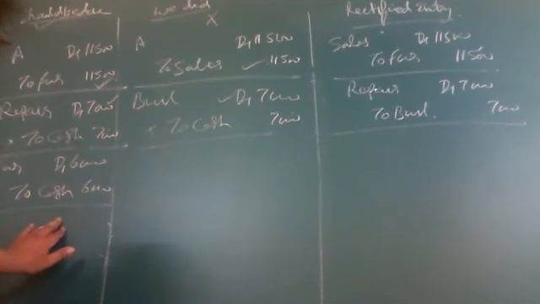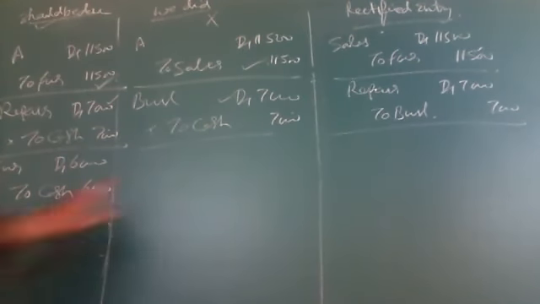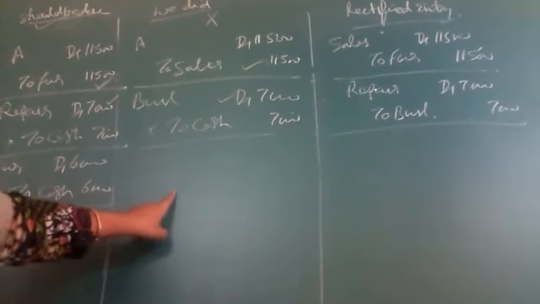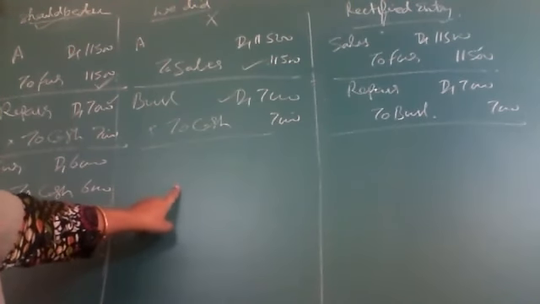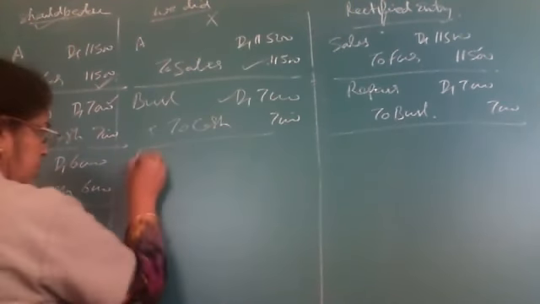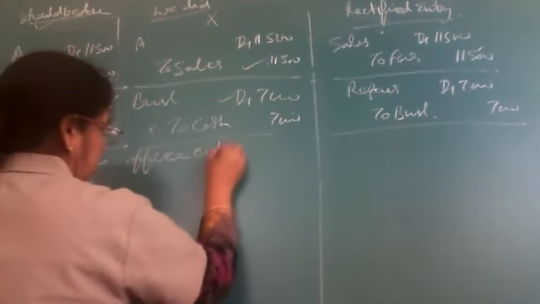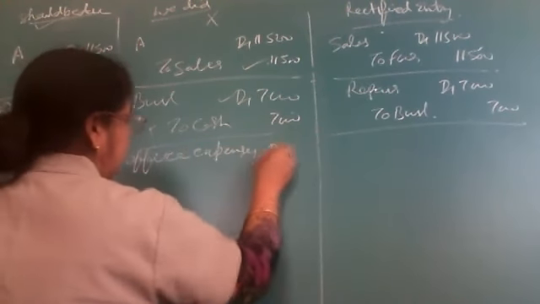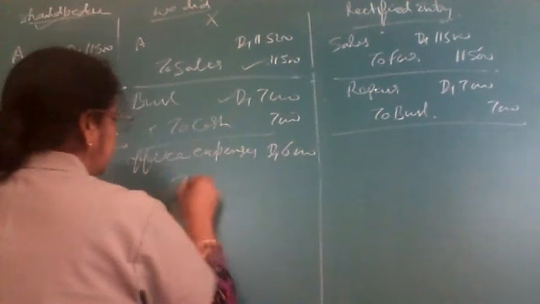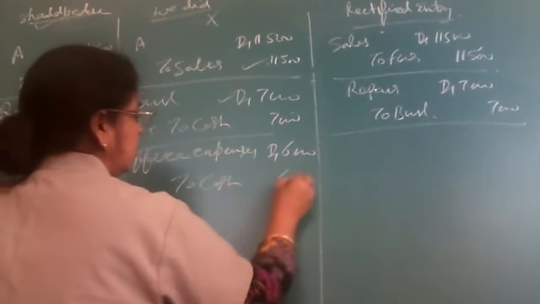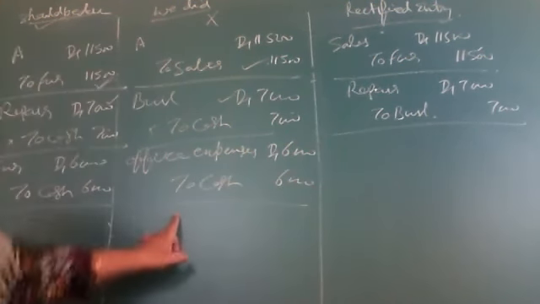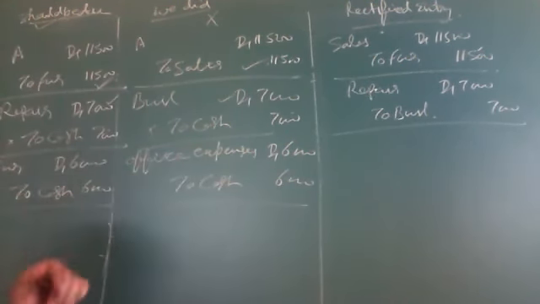This should be the right entry. And what have we done? We have recorded it as office expenses. It was recorded like office expenses.